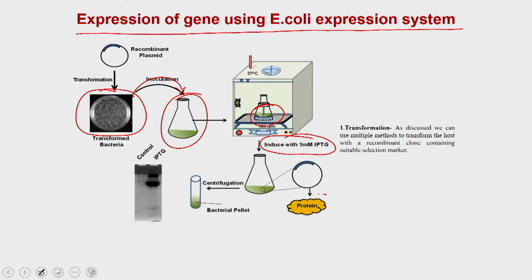It will start producing the protein. After that you centrifuge and check. If you run it on SDS-PAGE, in the control you do not see bands for that overexpressed protein, whereas in the IPTG-induced samples you have the protein of your interest produced by the bacteria.